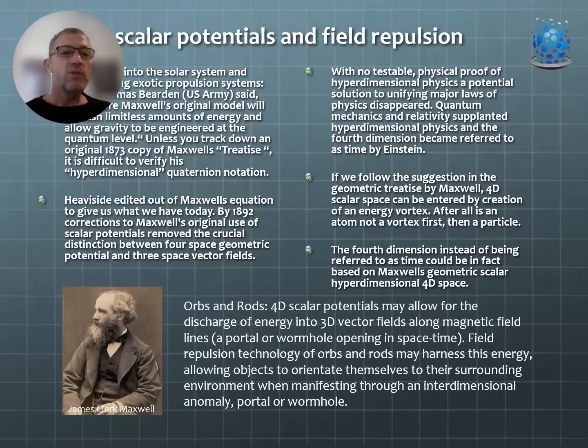So what I'm trying to do here is link up torsion field research with field repulsion research, and Maxwell's original work that was edited out of the public arena in science, as a background to discuss the mechanism by which these orbs and rods utilize technology to orientate themselves to their surroundings within an interdimensional anomaly.